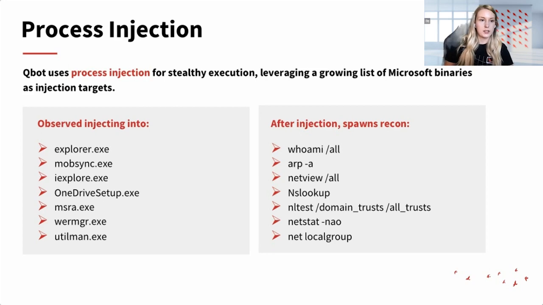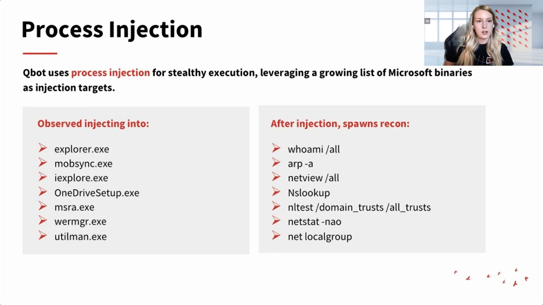That utilman.exe, we only recently saw that back in like March as an injection target, and it hasn't been pinpointed exactly what the circumstances are to get that one injected into. But some of them, like iexplore, that one's been known to just be, if it is Avast or AVG or Windows Defender with a 32-bit system, that it'll inject into that.